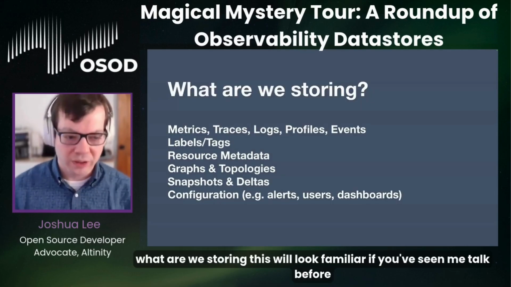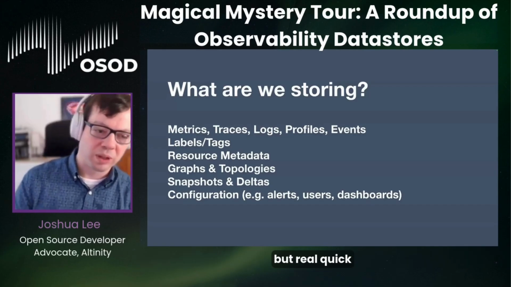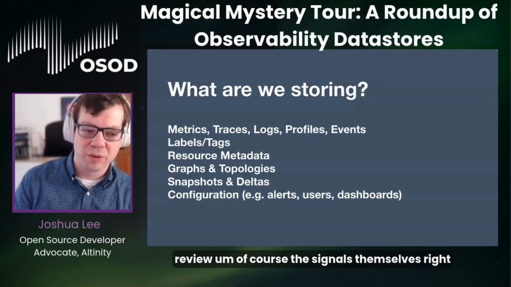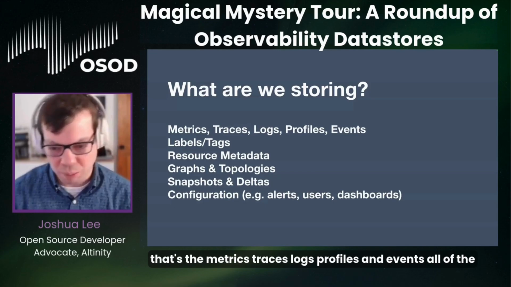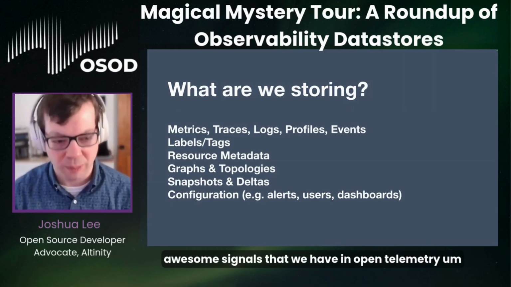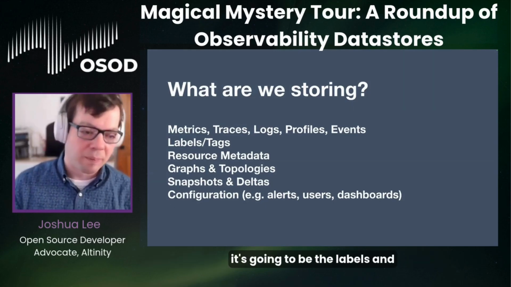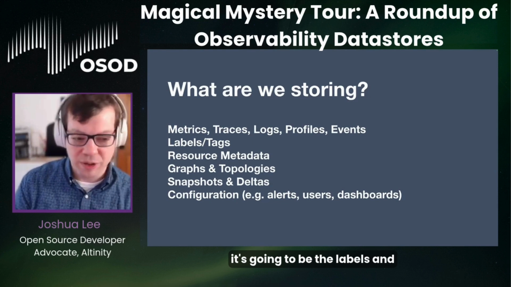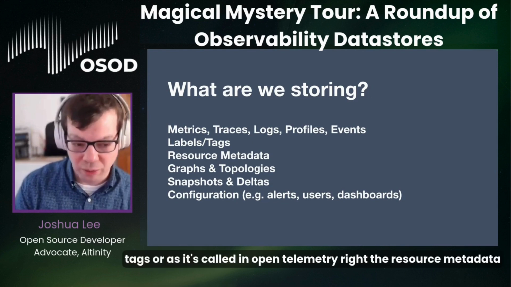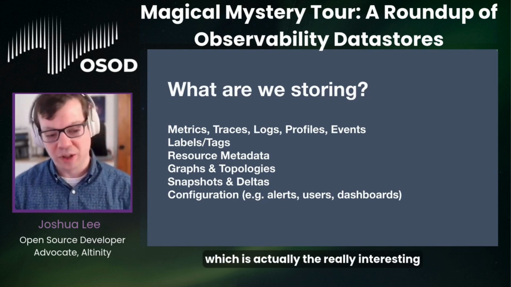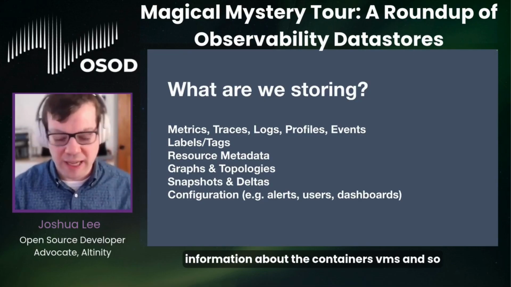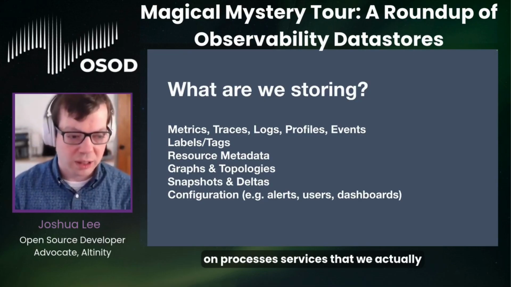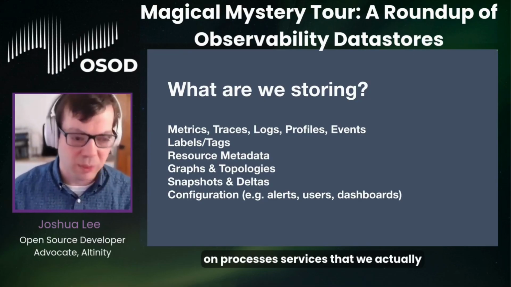So what are we storing? This will look familiar if you've seen me talk before, but here's a real quick review. Of course, the signals themselves: the metrics, traces, logs, profiles, and events, all of the awesome signals that we have in OpenTelemetry. Then the labels and tags, or as it's called in OpenTelemetry, the resource metadata, which is actually the really interesting information about the containers, VMs, processes, and services that we actually care about.